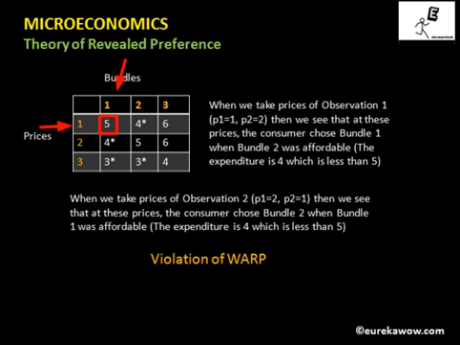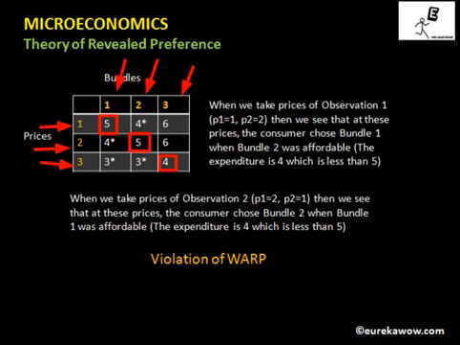Now this represents observation 2, because the prices corresponding to observation 2 and the bundle corresponding to observation 2 have been taken. Now this represents observation 3 because the prices corresponding to observation 3 and the bundle chosen corresponding to observation 3 have been taken. So the marked cells are basically the bundles that the consumer has chosen.